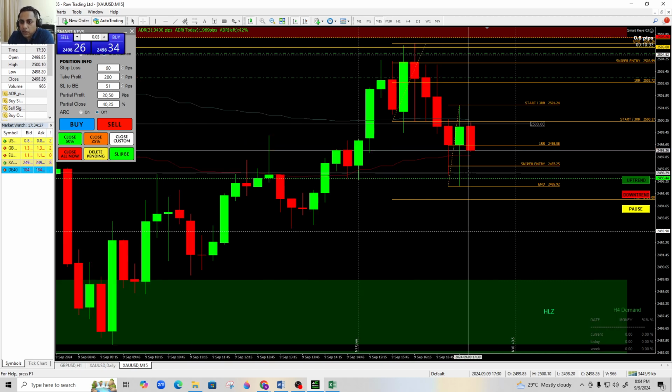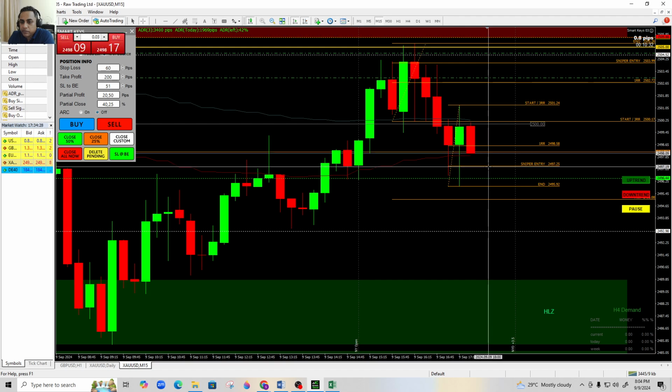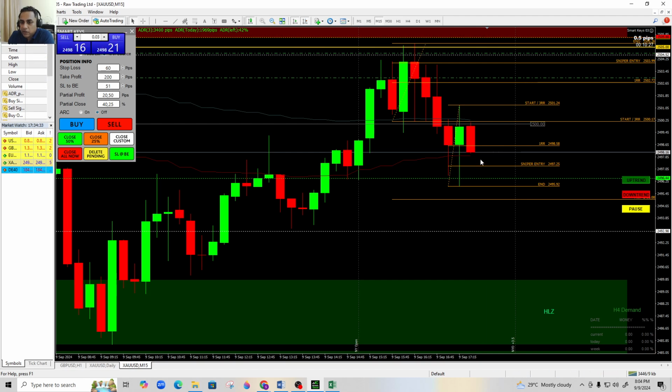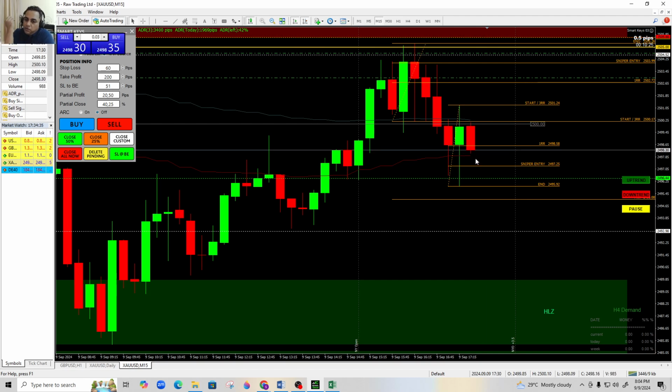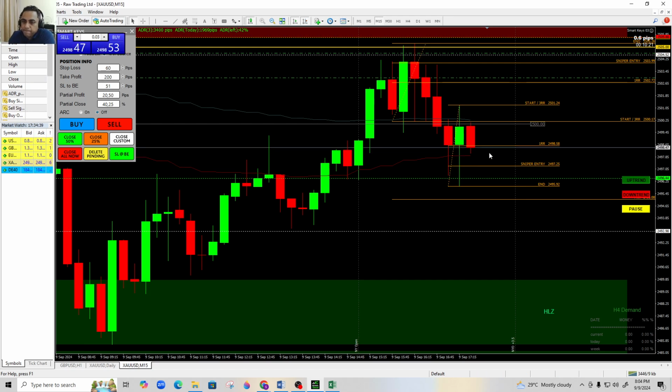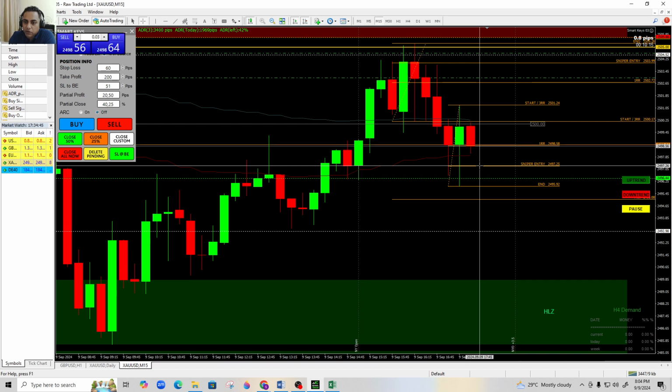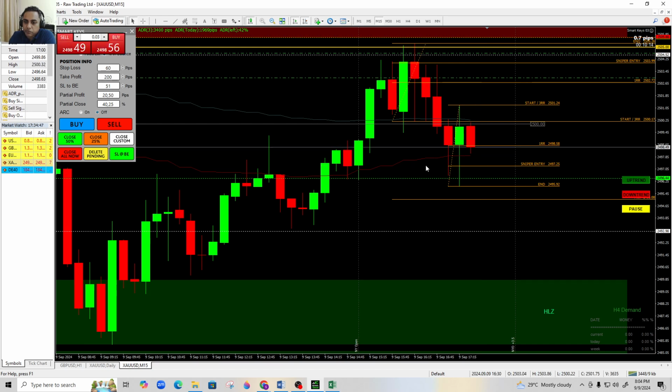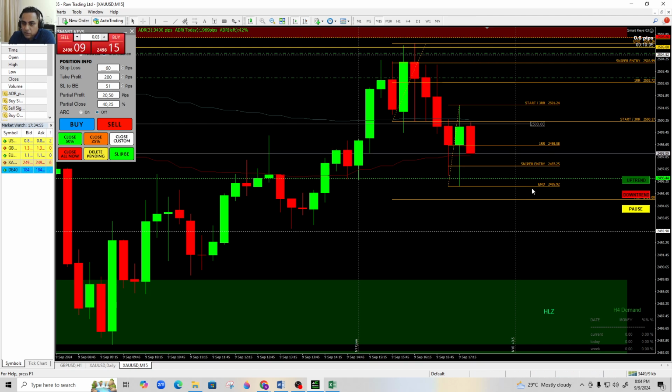And I don't want to take a trade here. Even if it does work, I don't want to take a trade here, because this just could be collecting liquidity. I want to take trades at the extremes. That's an area I want to take a trade at. And this area up here, I want to take a trade at. Don't want to trade in the middle.